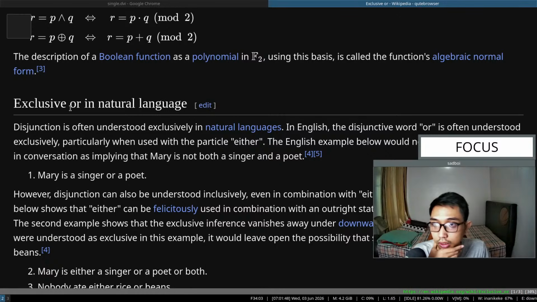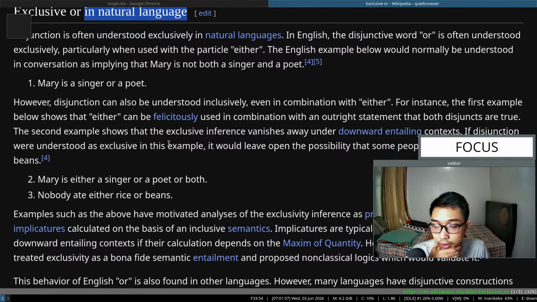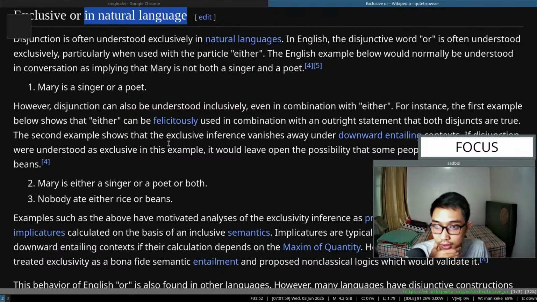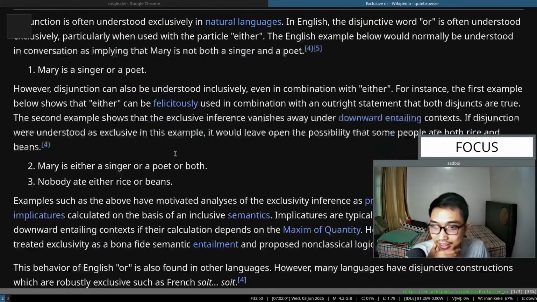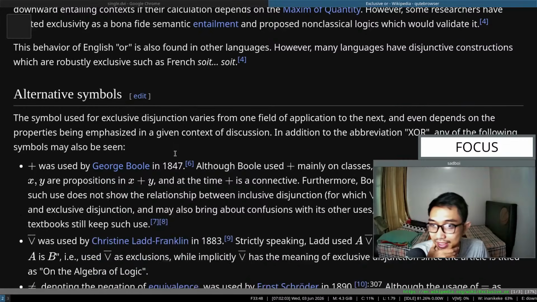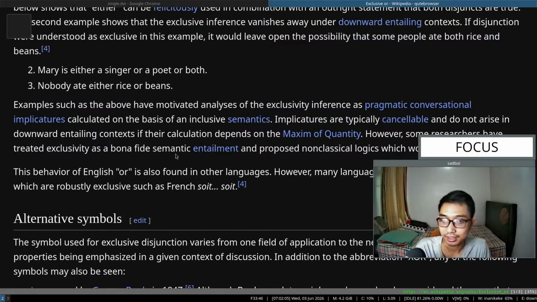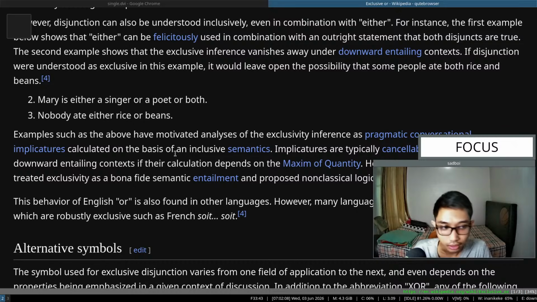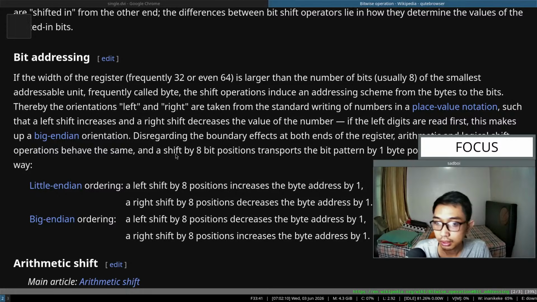So we can see the exclusive or in natural language too. Alright, I didn't realize that. Yeah, okay, interesting. What is it called?